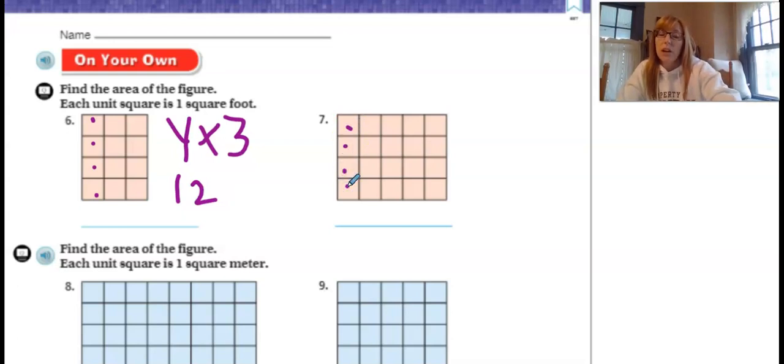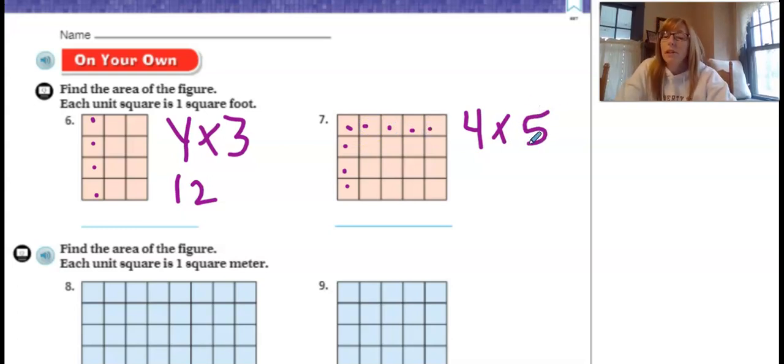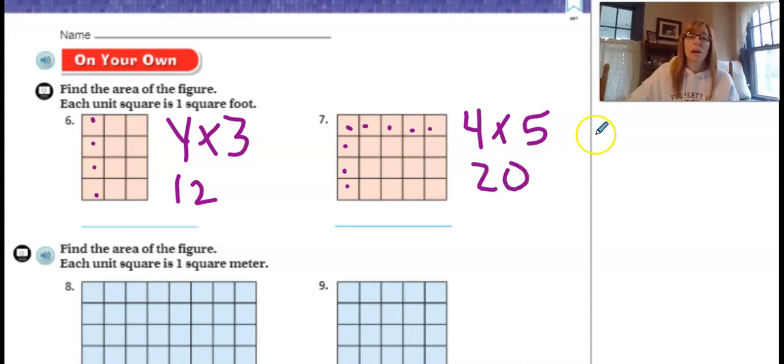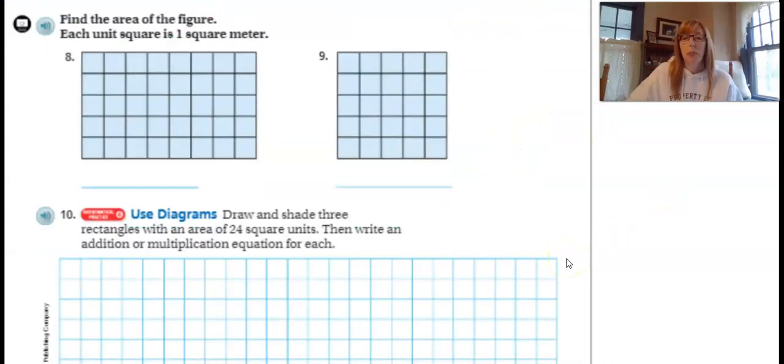You have area equals, hopefully you're writing that down, and you have 4 times 5. And you are correct. 4 times 5 is 20, and that would be square feet.